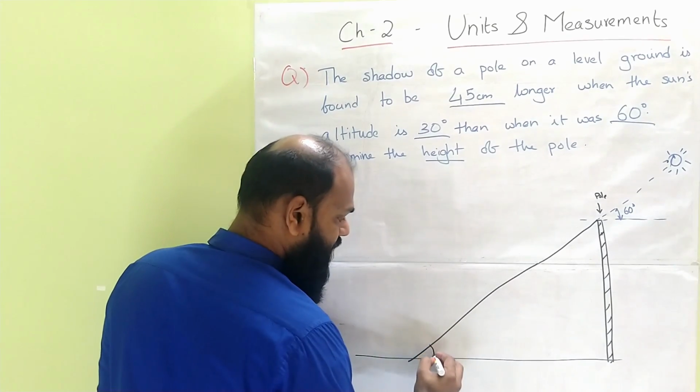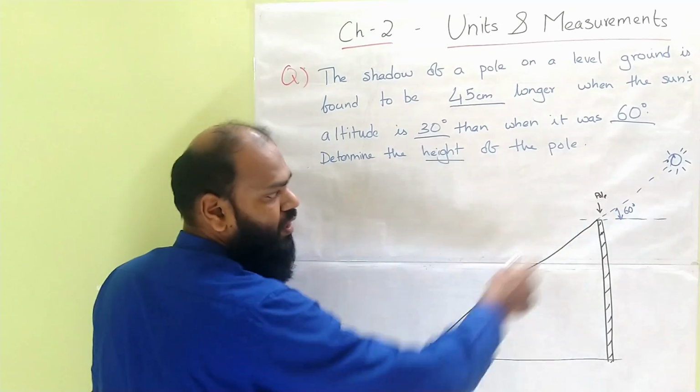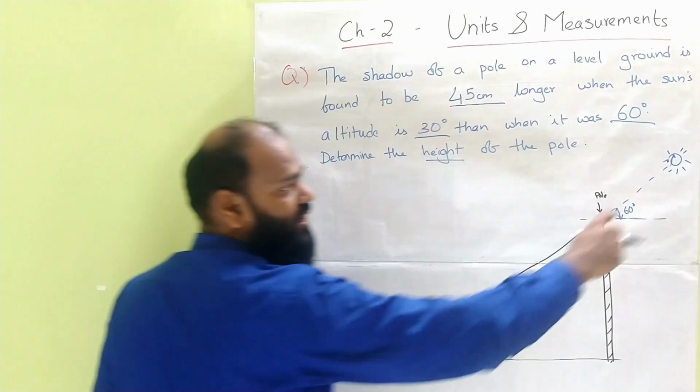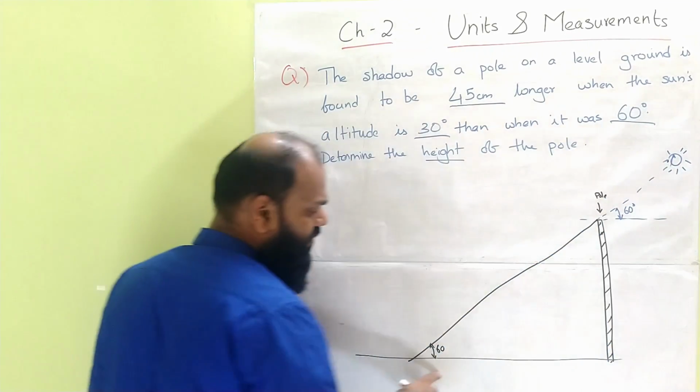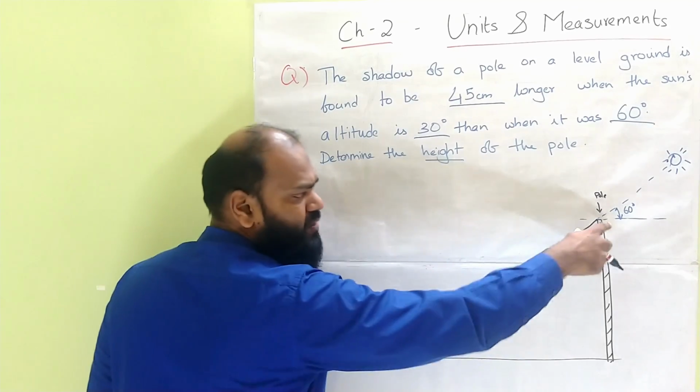So this angle is going to be 60 degrees, an alternate angle. So when the sun's position is at 60 degrees, we get some shadow on the ground. This is the shadow of this pole on the ground.